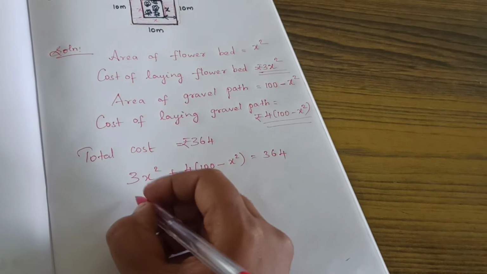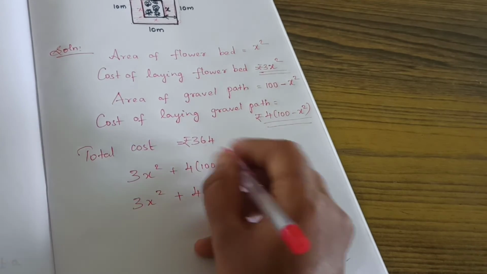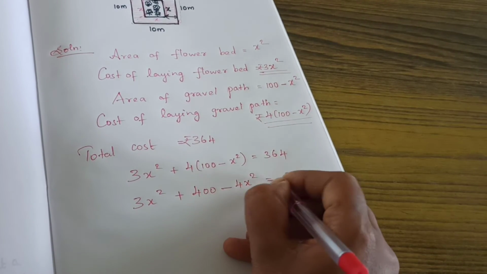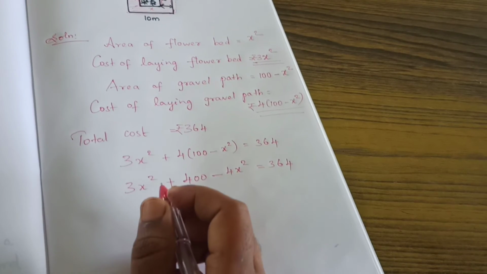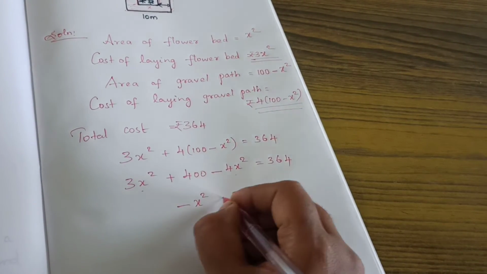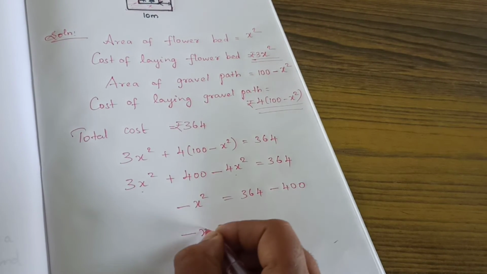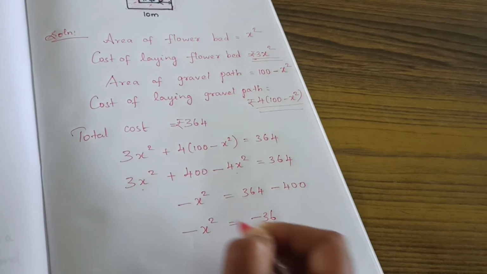Shall we solve now? So 3x square plus 4 into 100, that is 400, minus 4x square, equals 364. So 3x square minus 4x square, which is minus x square, equals 364 minus 400. So minus x square equals minus 36.